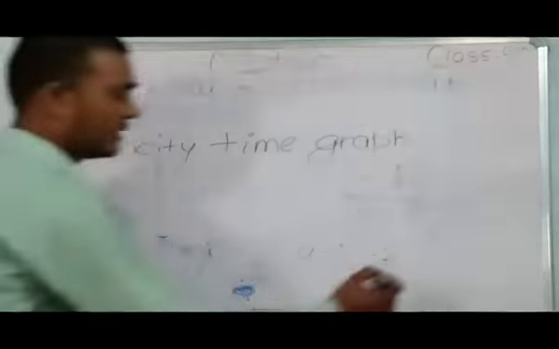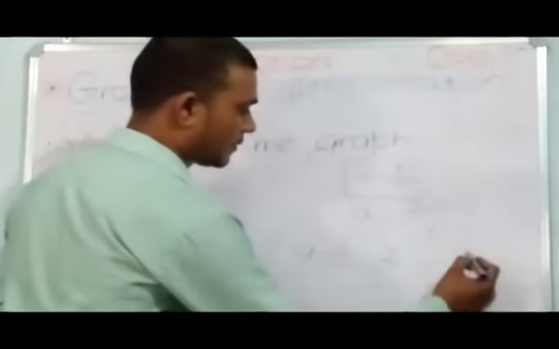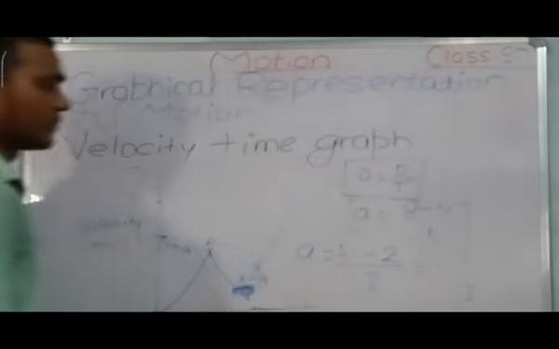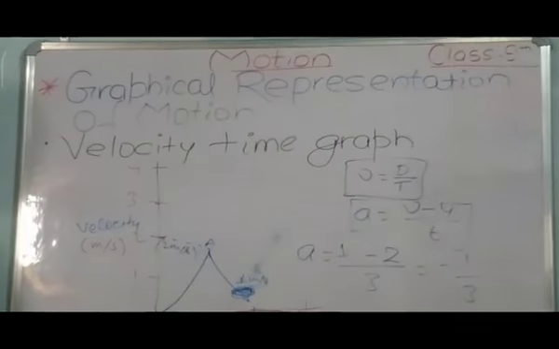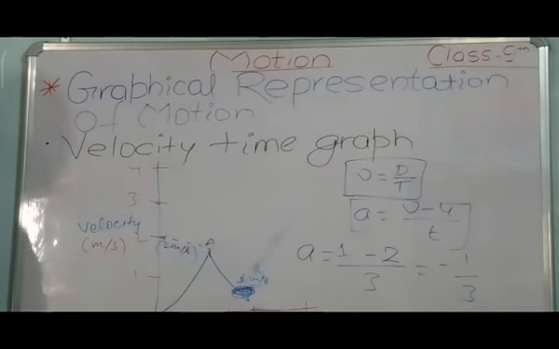So the acceleration is minus 1 upon 3. And if the value of acceleration is negative, then we say that it is retardation. The just opposite of acceleration is retardation. So this is all about the velocity-time graph.